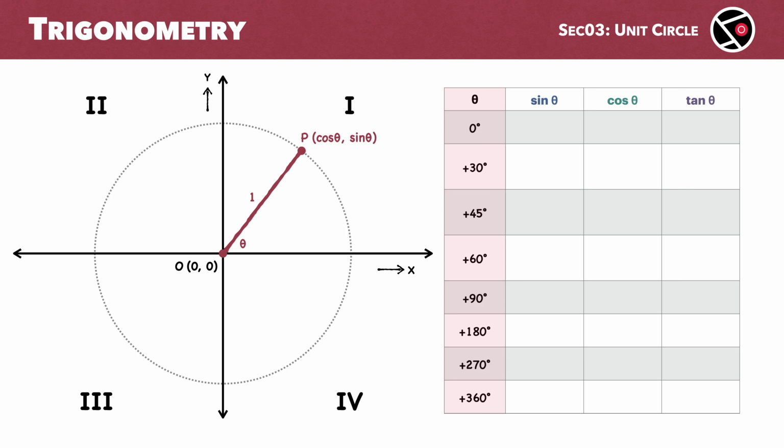Counterclockwise is positive. We will now find the sine, cosine, and tangent for each value. As always, pause the video and try to fill out the table by yourself. You should not only fill the correct values, but also make sure you understand how you arrived at each value.